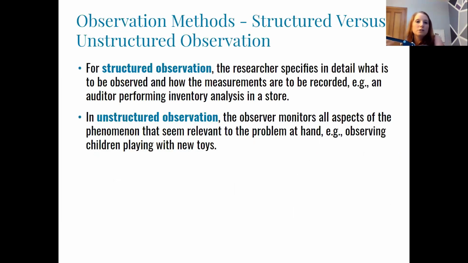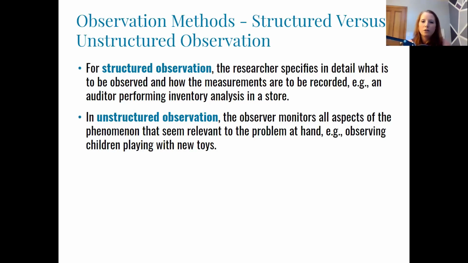So then we have structured versus unstructured observation. For structured, we have a detailed list of what we're observing and how we're recording those measurements. Unstructured observation is just really looking at all the aspects of the phenomenon that they feel like might be relevant.